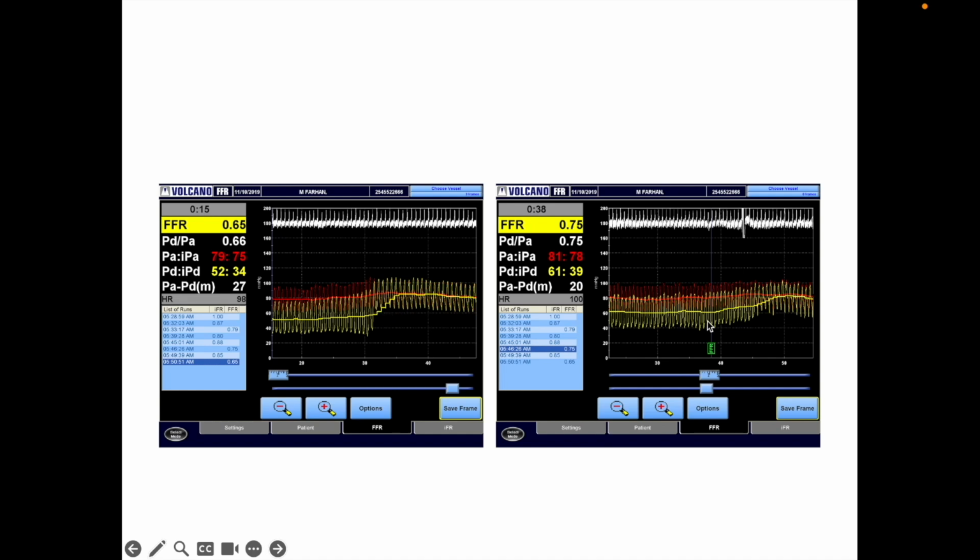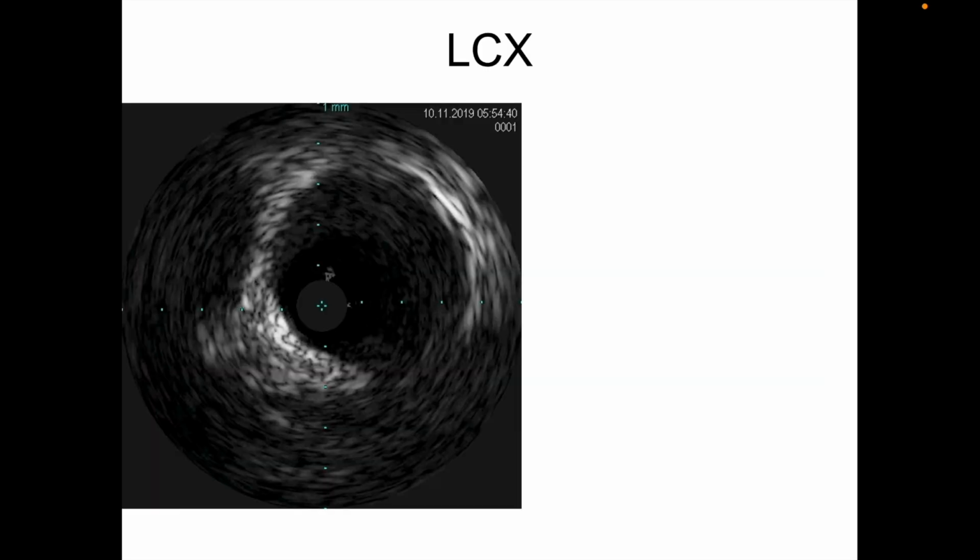But on the other hand, in the LAD, you see a gradual diffuse line going up and meeting the red line. So this is a gradual increase in the step up, and this is a diffuse disease in the LAD that you see here. So this is not to confuse you. This we will discuss later on in another talk.